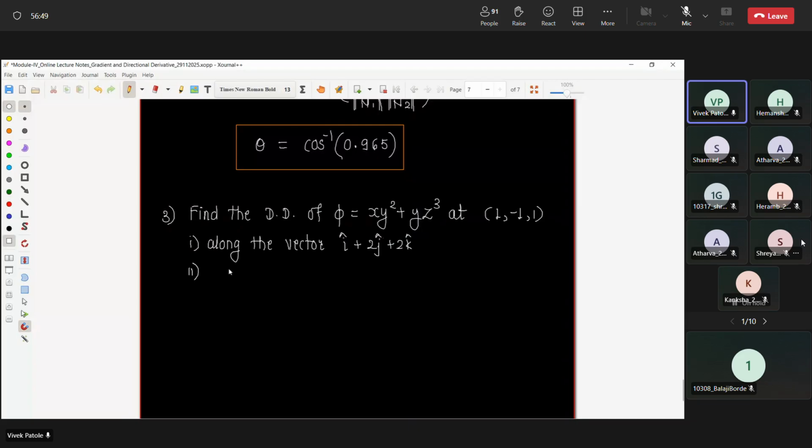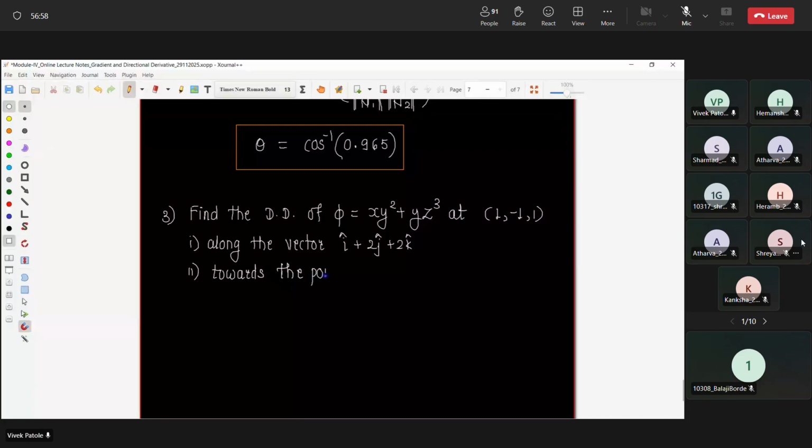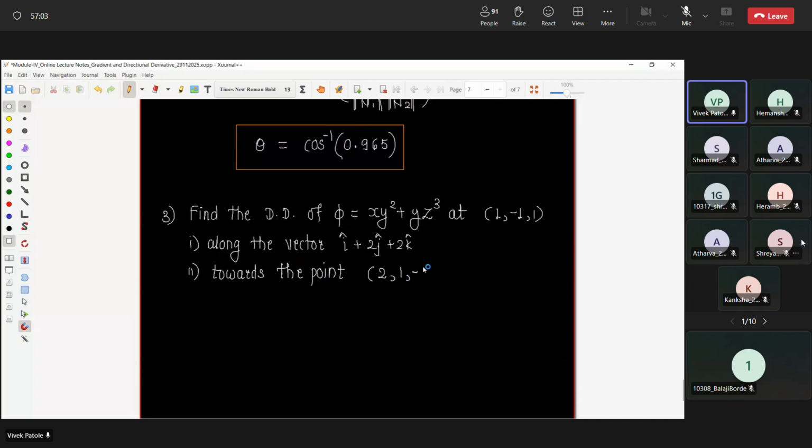Then second, towards the point (2, 1, -1).